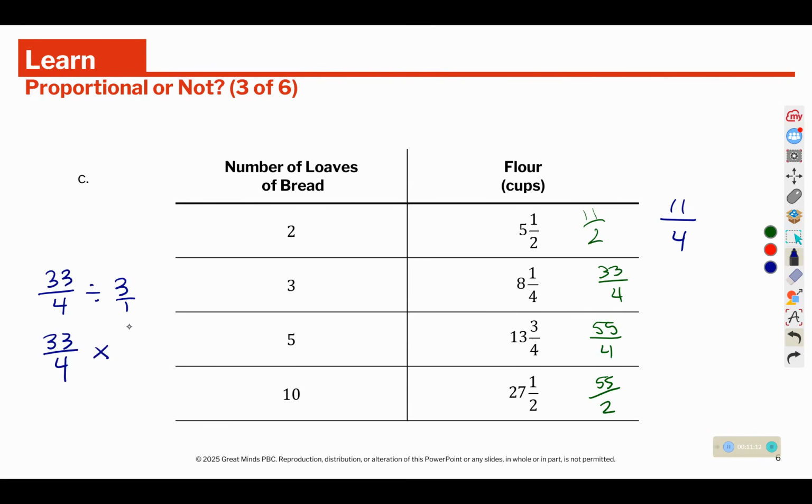Leave, change, change. 33 times 1 is 33. 4 times 3 is 12. But a 3 goes into both of those. If I split 33 in 3 parts, each one would have 11. If I split 12 into 3 parts, each would have 4. So far, these are the same unit rates.